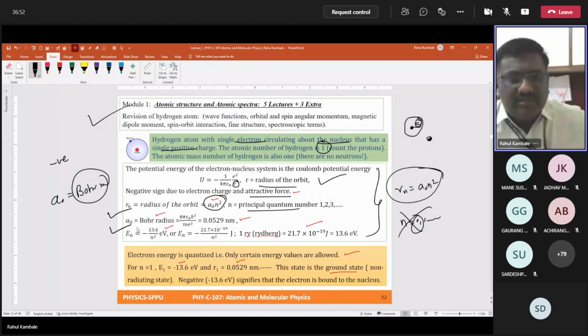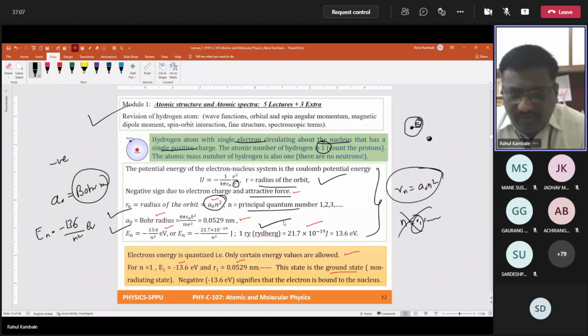And everybody knows that En is equal to minus 13.6 divided by n squared electron volt. This you have done in your undergraduate. The Rydberg unit is used in molecular spectroscopy, or chemistry people use the Rydberg unit, but the meaning is the same. So the electron energy is quantized.